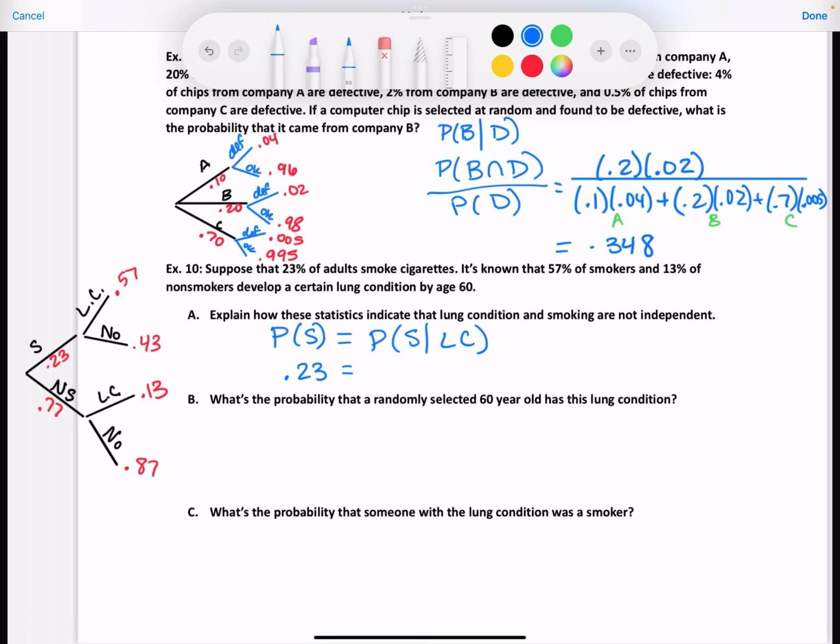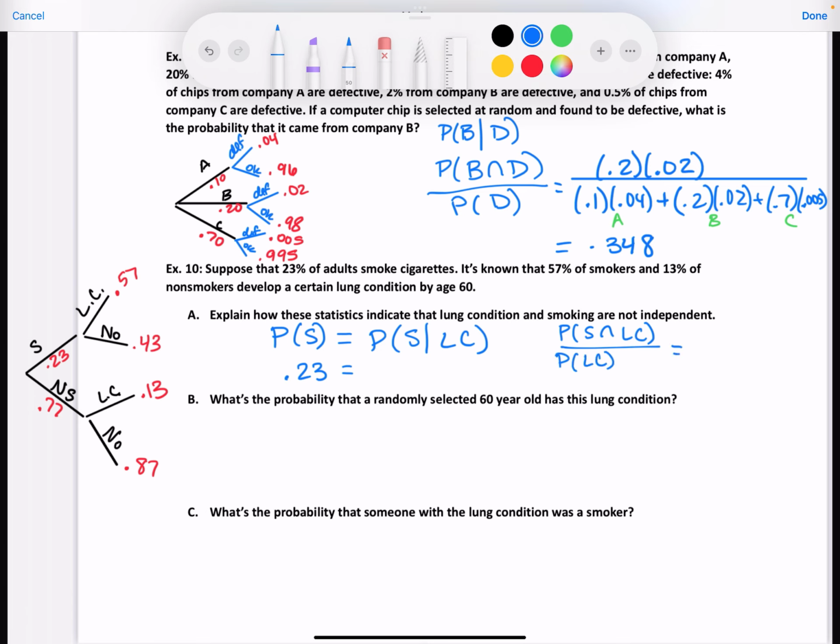Brief pause. Make sure I have the right thing down here. So I'm going to draw it off to the side and then I'll write what it's equal to. The probability of smoking intersected with lung condition divided by the probability of the lung condition.